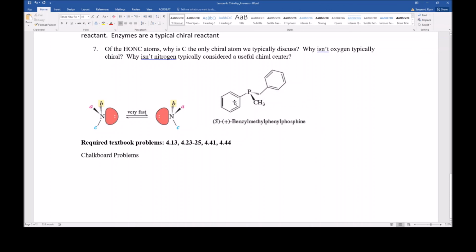And if you attach the phosphorus to these large, sterically bulky groups, they tend not to want to invert. It's just too much effort. And so this particular compound, you can isolate it, and as long as you keep the temperature low and don't expect it to last that long, it acts like a reasonably stable chiral center.